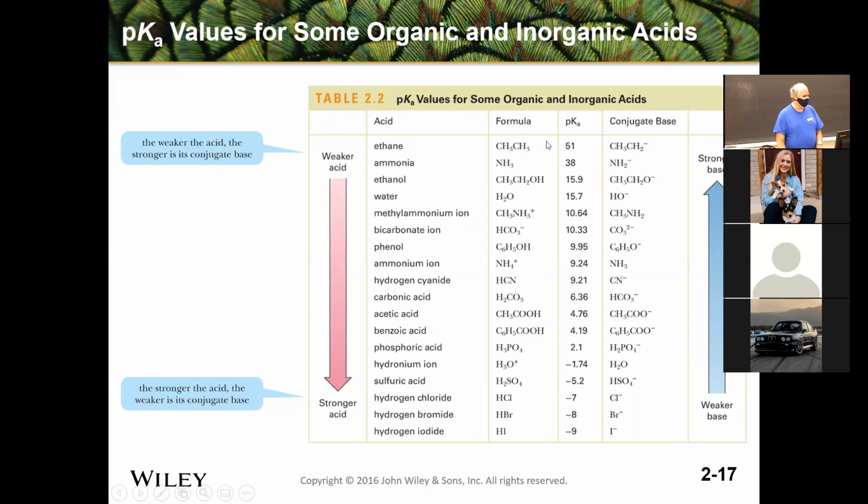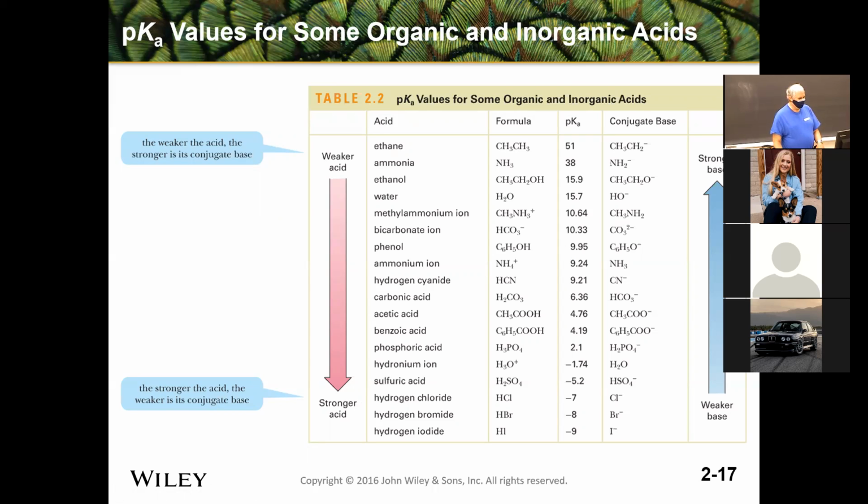So HF is an extremely weak acid. Its pKa is 51. Its Ka would be 10 to the minus 51 power. And then down at the bottom you have the strong acids, such as HI and HBr. Their pKa's are large negative numbers.